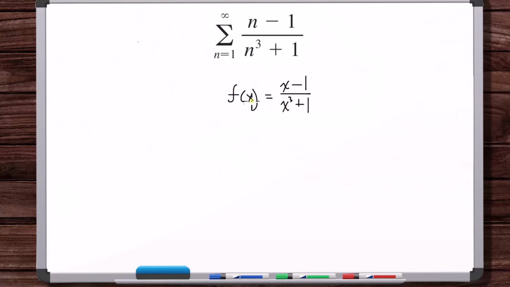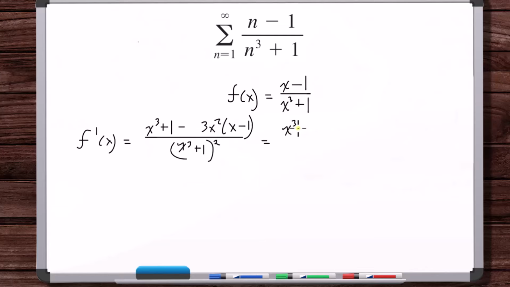So is this always decreasing? Let's go ahead and get the derivative. The derivative of the top is 1 times the bottom minus the derivative of the bottom, which is 3x squared, times the top, all over the bottom squared.